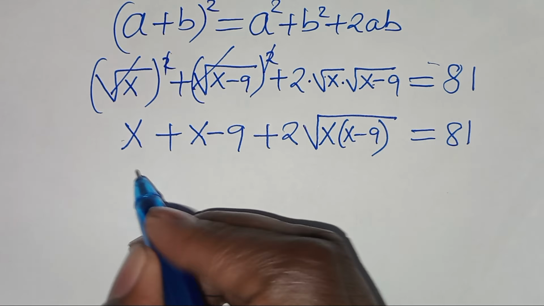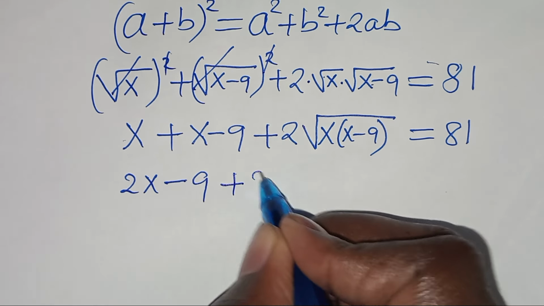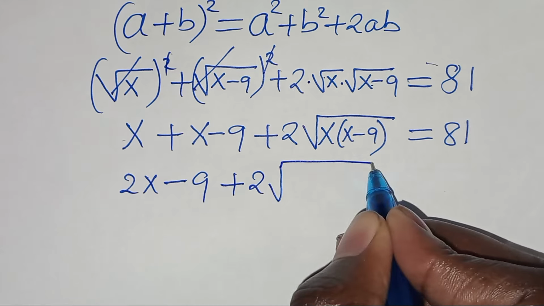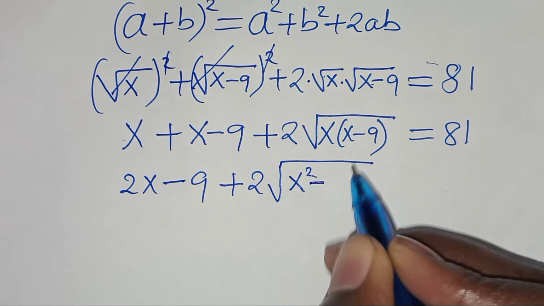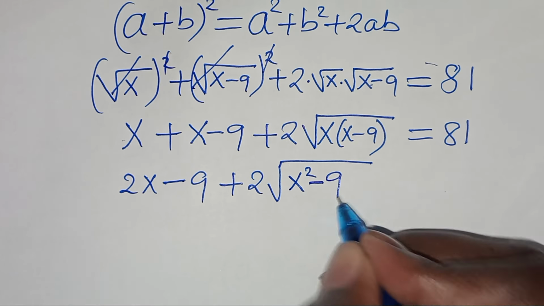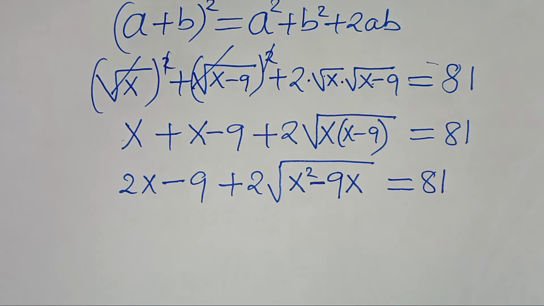Now we have x plus x, this is 2x, subtract 9, plus 2 times the square root of x times x, which is x squared, minus x times minus 9, which is minus 9x, equal to 81.